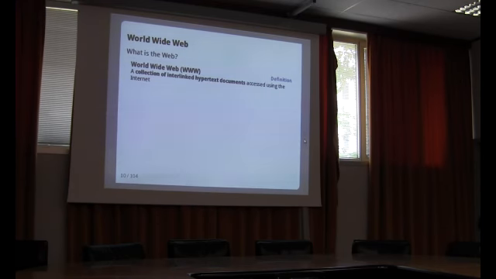Okay, we just saw what the internet is, a brief definition and a brief history. Now let's see what the web is. The web, which is short for the World Wide Web, also known as WWW, is just a collection of interlinked hypertext documents that are accessed by using the internet.